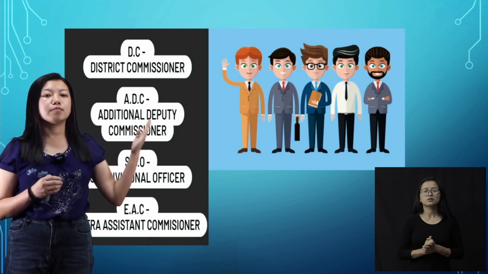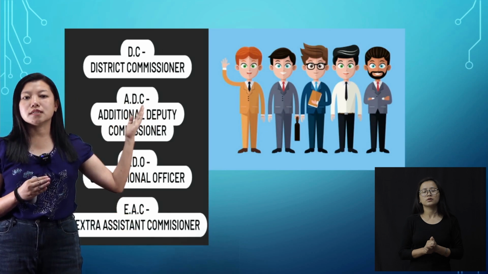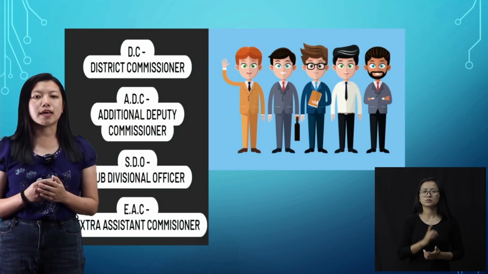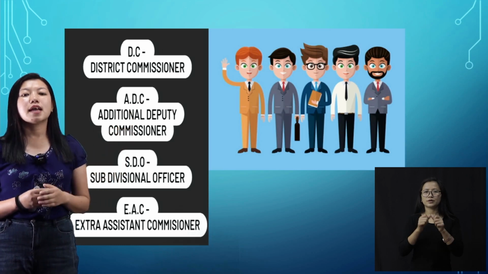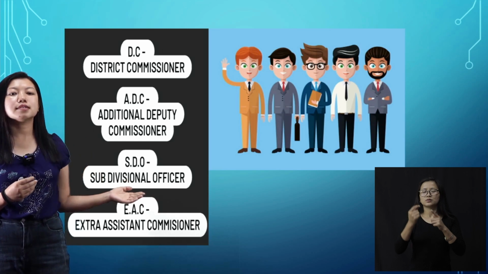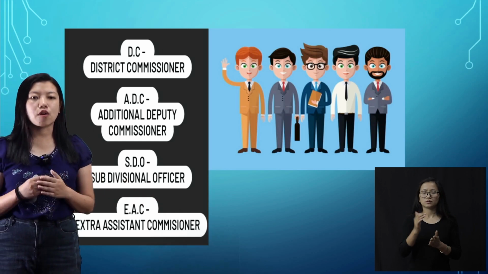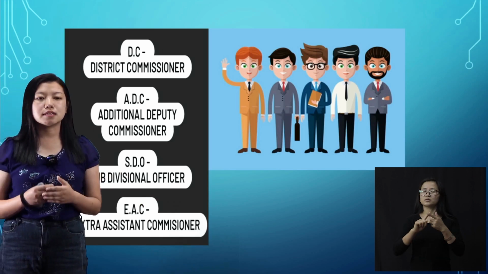Now I'm mentioning these people in short form. Actually, the full form of DC, as I've already told you, is district commissioner. ADC is additional deputy commissioner, SDO is subdivisional officer, and EAC is extra assistant commissioner.